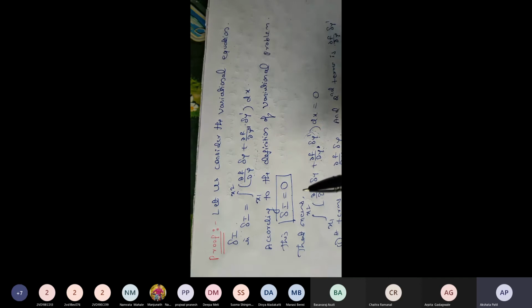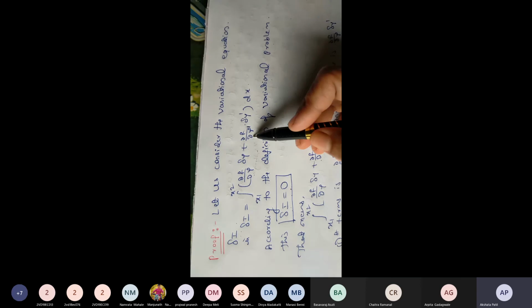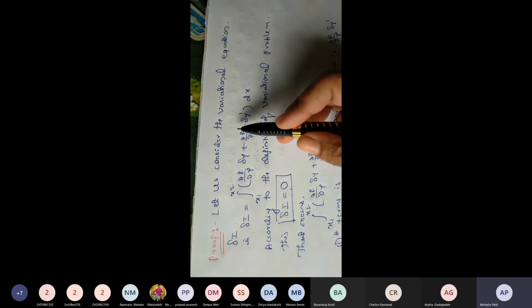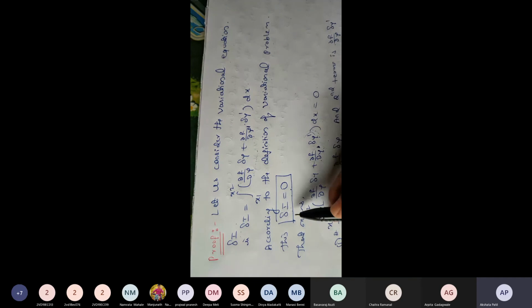According to the definition of variational problem, we can say delta I equals 0. Why can we say this? Because this is nothing but the first variation, so by using this definition of first variation, delta I becomes 0.